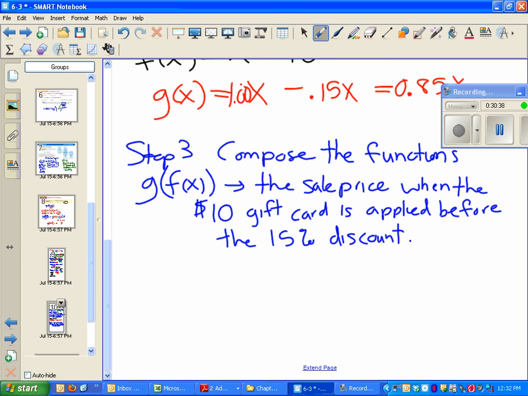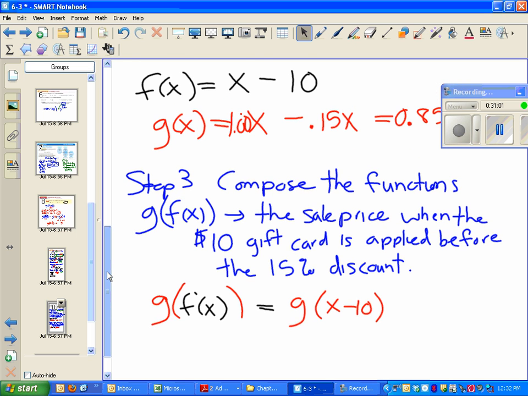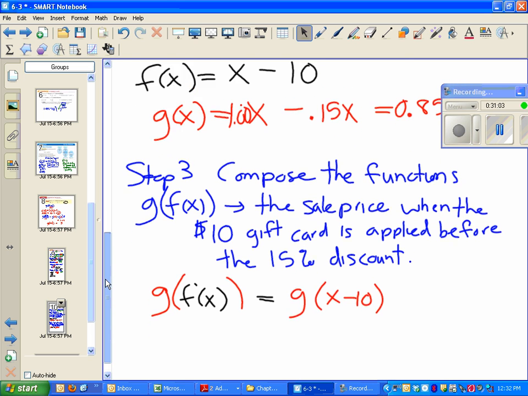So with our functions, that's going to be g of f of x, which means f of x is actually x minus 10, so we're going to find our x in g and replace it with x minus 10.